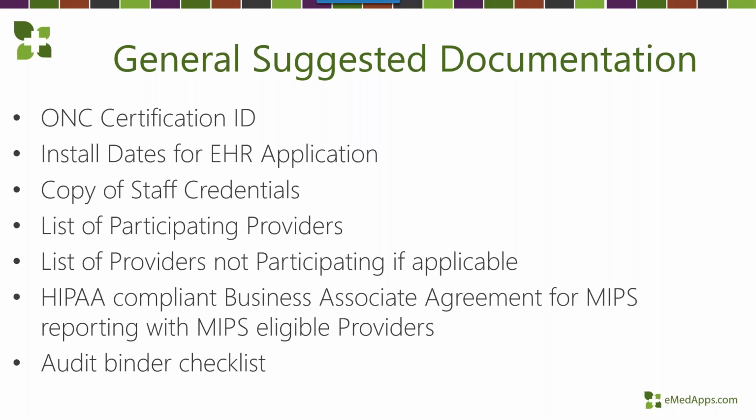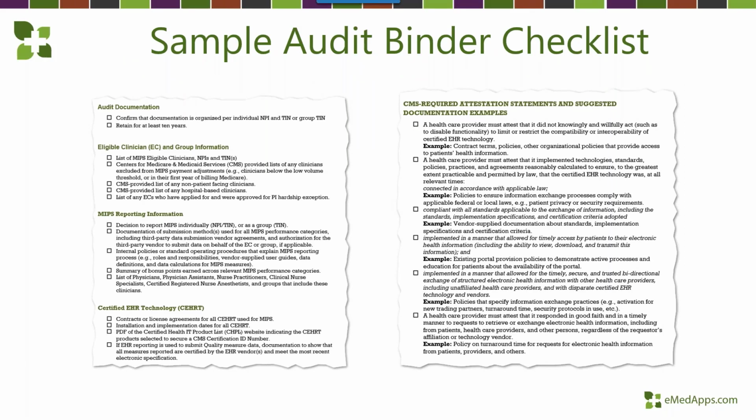You also want to have your checklist for all the items that you're including in your audit binder, just to make it an easier way for you to make sure you've captured everything related to the different categories. Next slide. On the next slide, we'll have a sample of an audit binder checklist that I put together for my clients.